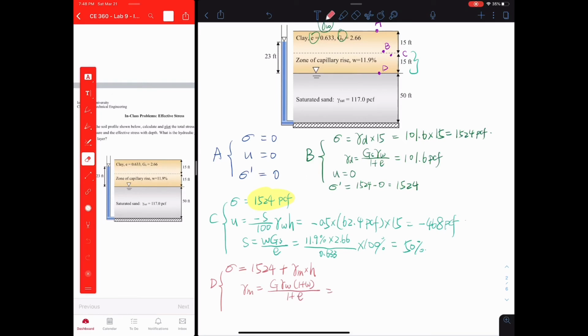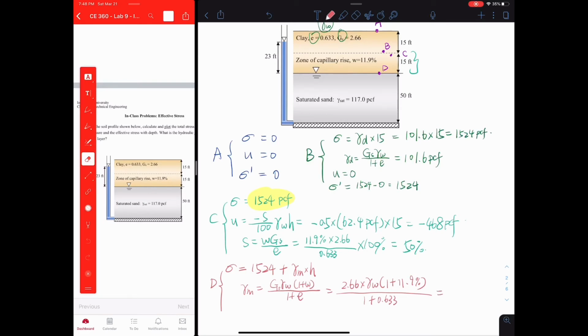We know Gs to be 2.66, gamma W is a constant, and 1 plus the moisture content of 11.9%, divided by 1 plus e, which is 0.633.